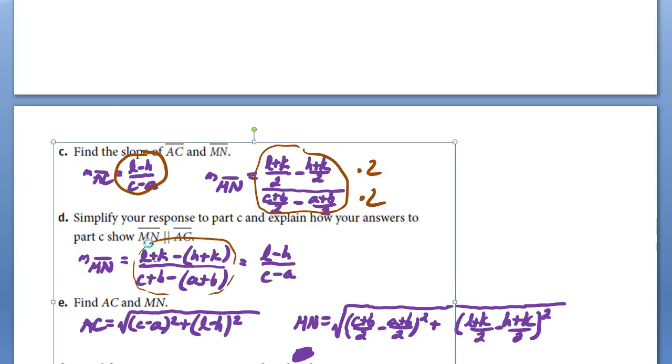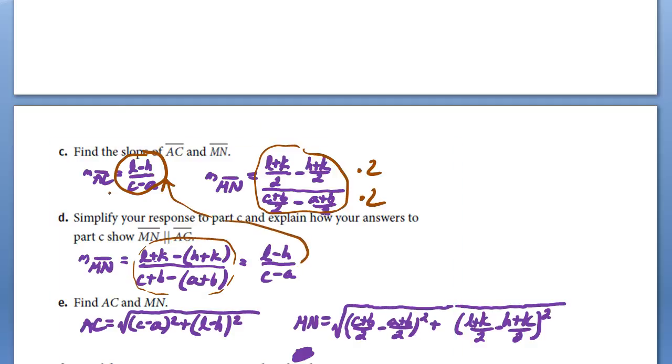Then I did the subtractions, and that created L minus H over C minus A. Please notice that this is the same slope as we had for segment AC. So this demonstrates the slope of MN is the same as the slope of AC. They are parallel.